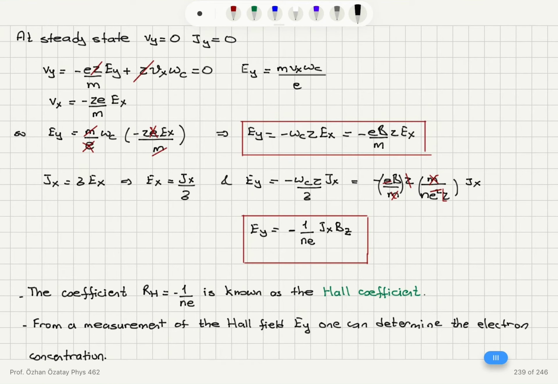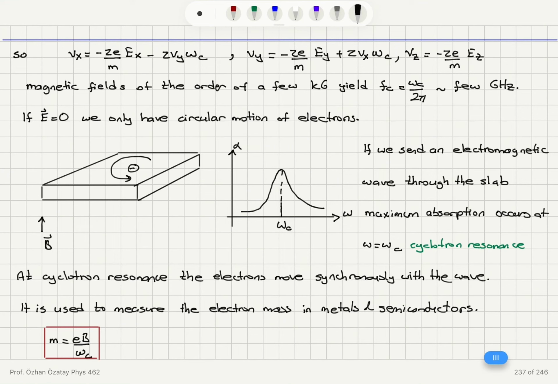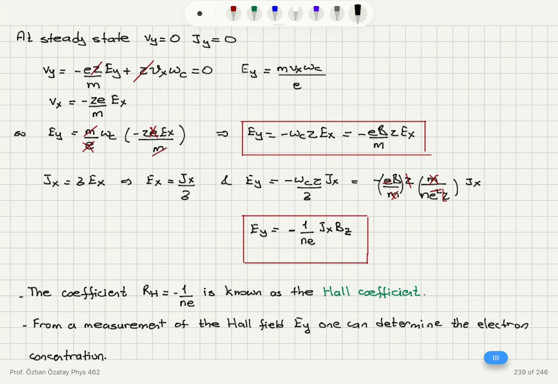And so, if we go back to our velocity components in the Drude model, for Vy we have minus e tau over m Ey plus tau Vx omega c, and that equals 0. So these taus will cancel, and we're going to find Ey equal to m Vx omega c over e.